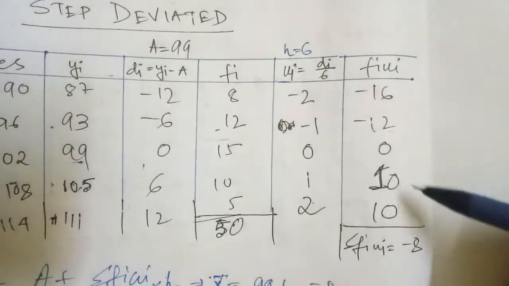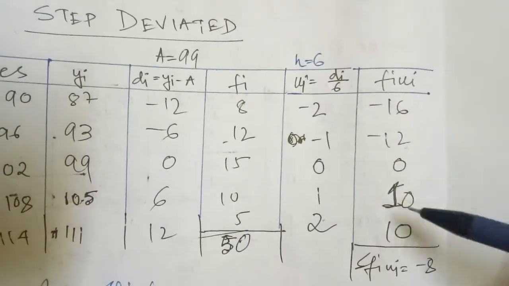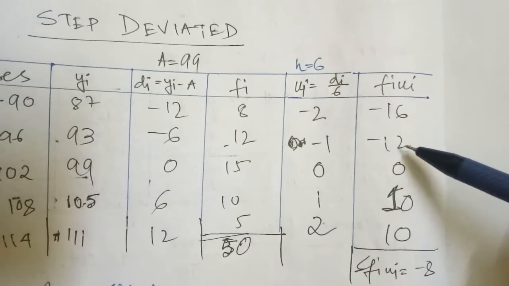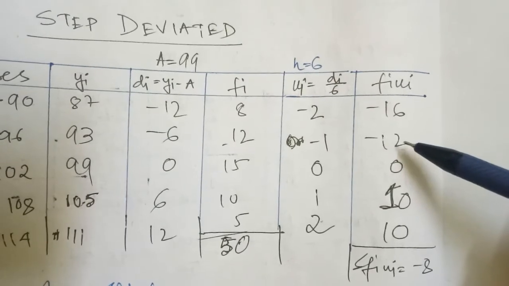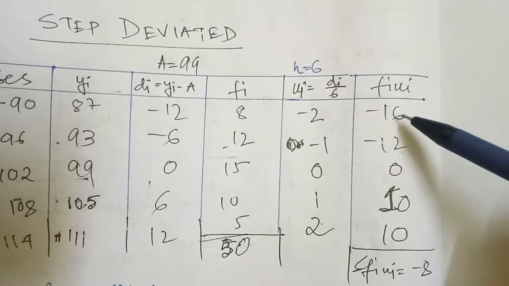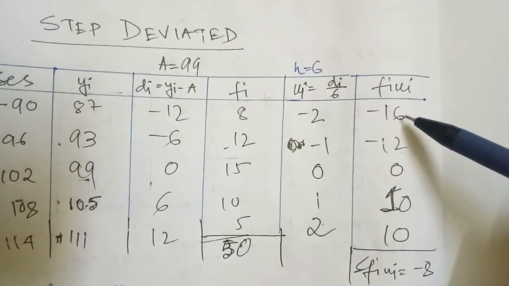After calculating, 10 plus 10 is 20, 20 minus 12 is plus 8, and 8 minus 16 is minus 8.